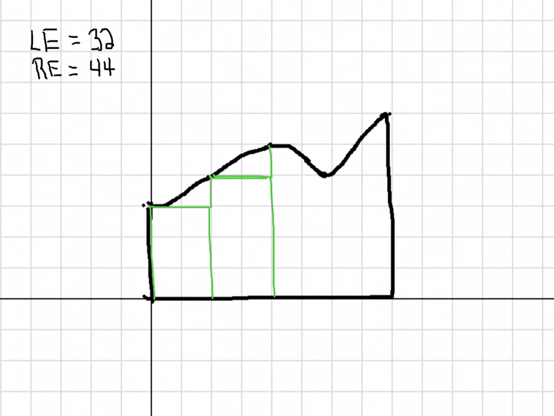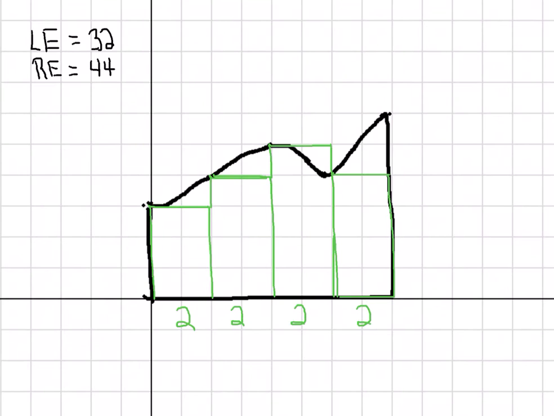From the left end I go 2 and I go down. And then from the left end, which would just be right here, because you got to start where that curve is, and go over. Now, all of these are 2, so I partition it up into 4 subintervals this time instead of just 2.